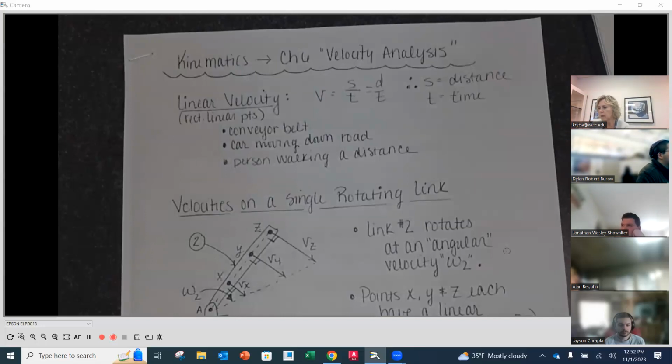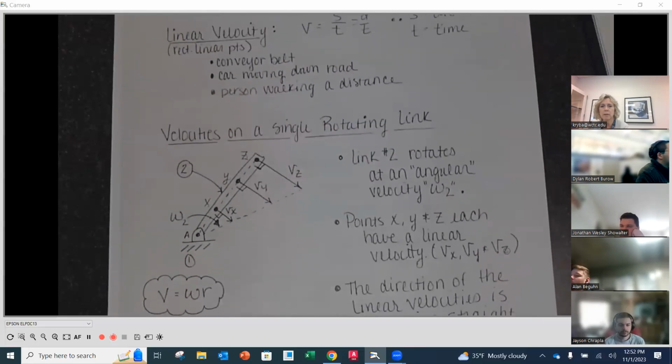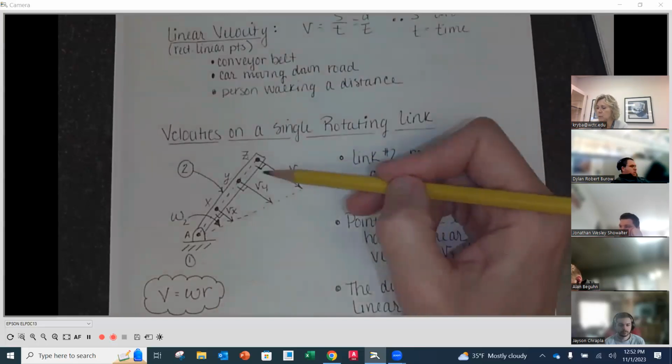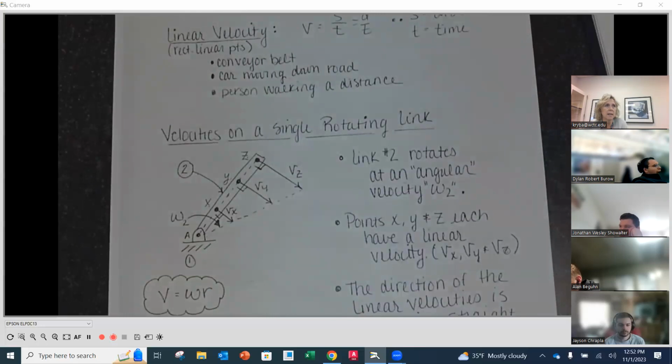Then we looked at a similar example to this: velocities on a single rotating link. If we have a link connected to a frame, in this case the frame is identified as number 1. Number 2 is our link. And we have different points along the length of that link, X, Y, and Z. Notice that we have a linear velocity component for each of the individual points.